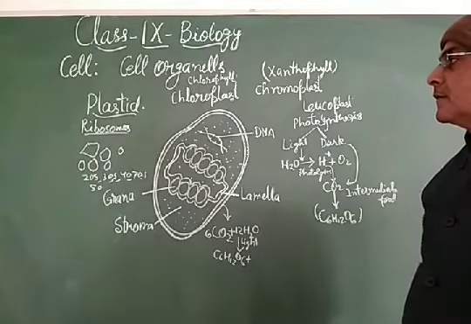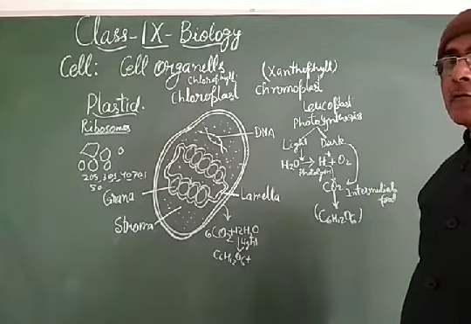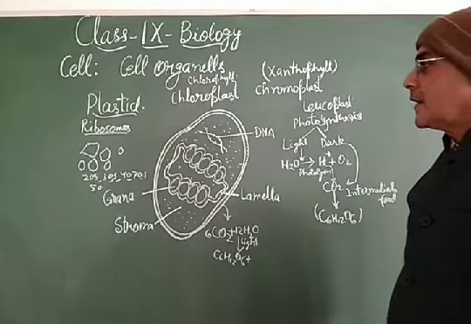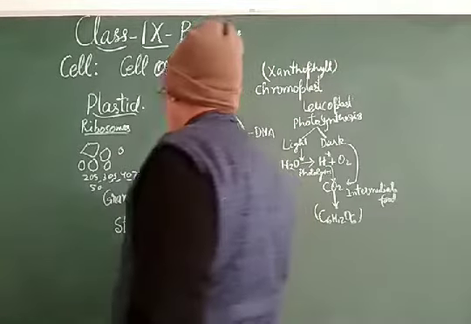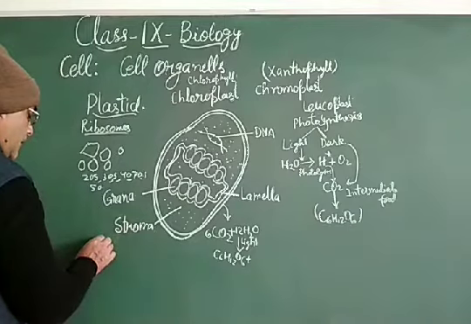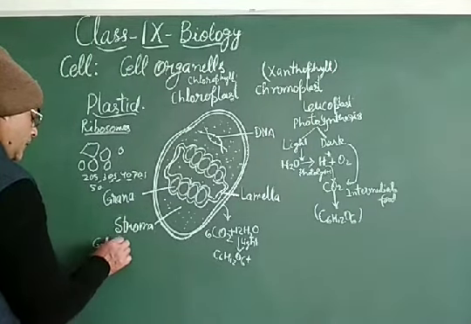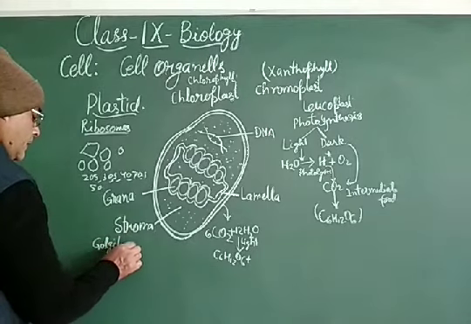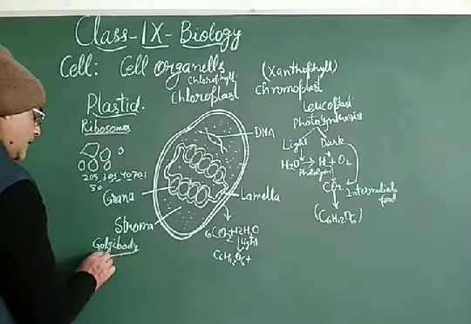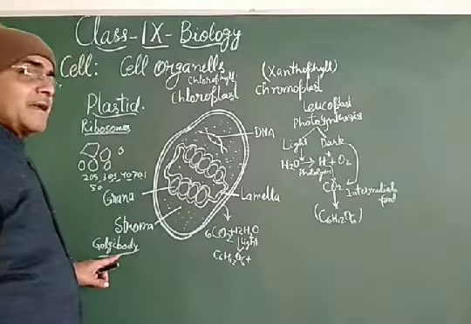Dear students, you will study later on about the other cell organelles also. Some cell organelle like this. If you see the structure of this Golgi body, which was discovered by Camillo Golgi, this Golgi body is mainly for packaging.